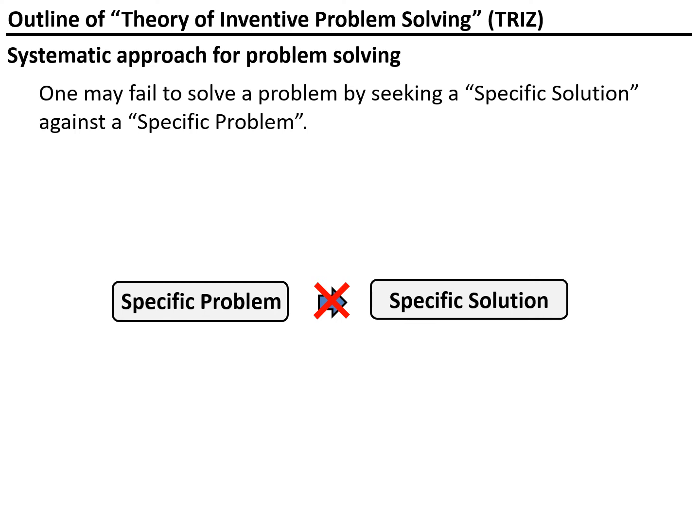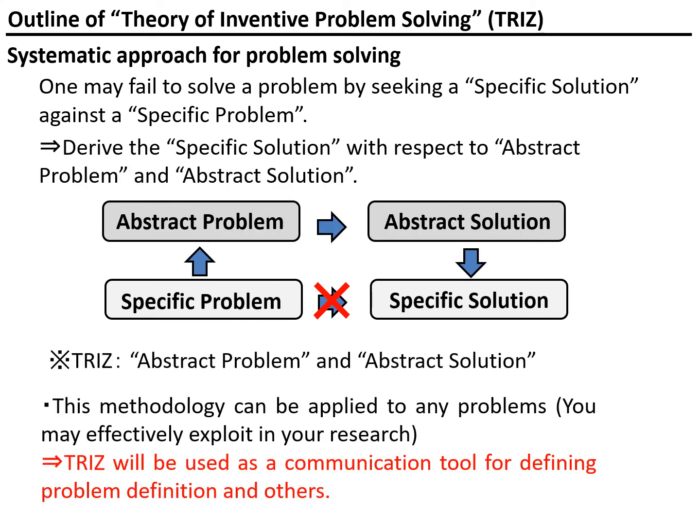But often, most likely, it doesn't work. When we try to find solutions, we fail to solve the problem. This is what often happens. So what TRIZ says is one may fail to solve a problem by seeking a specific solution against a specific problem.